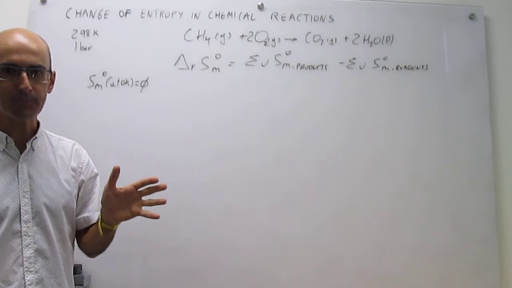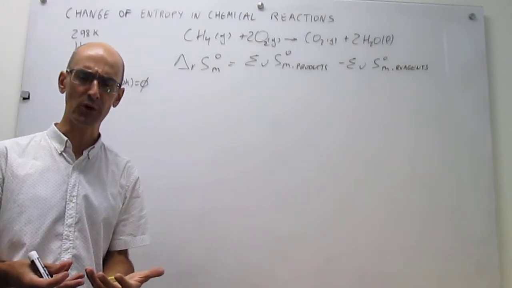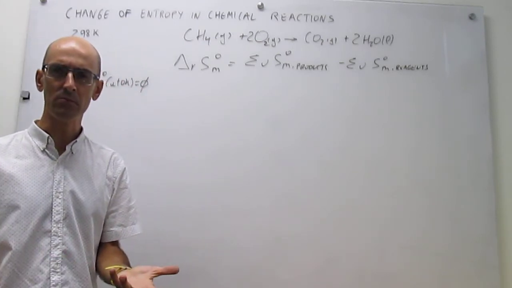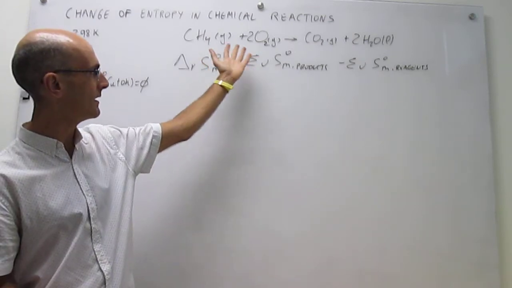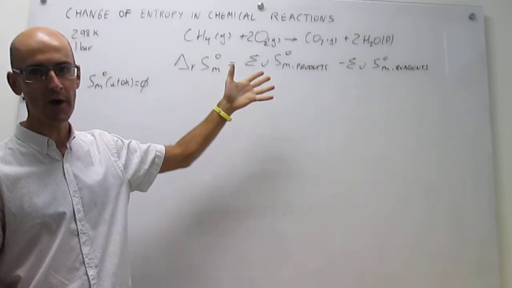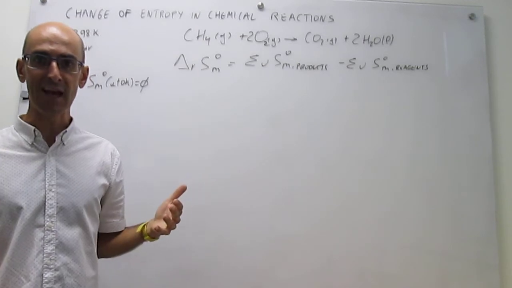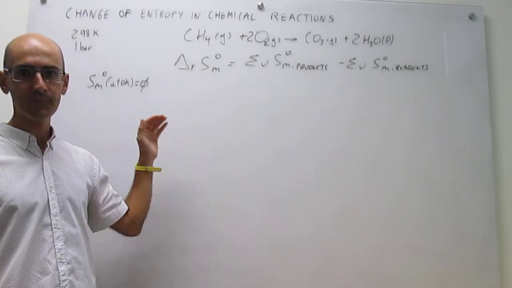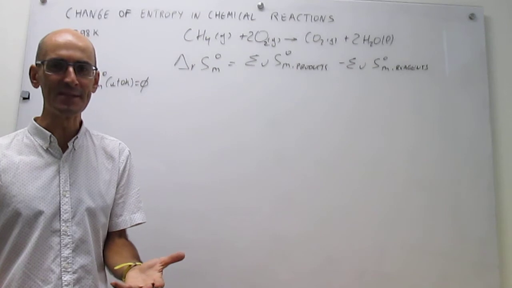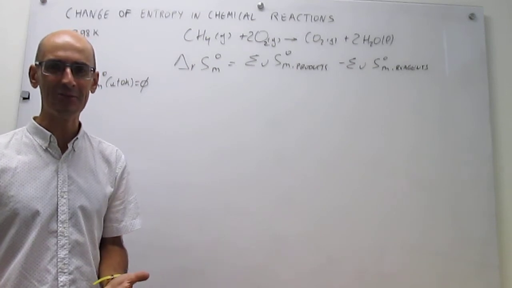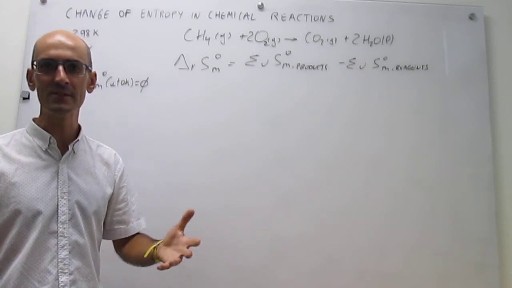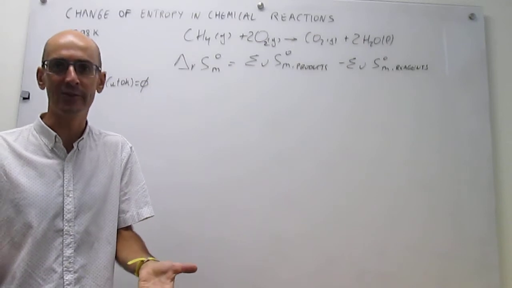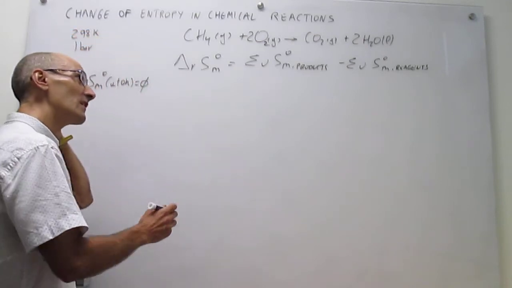Okay, so to see how this works out, we can take any of these reagents or product species to see how we go from the third law to actual useful entropies that we can utilize to calculate changes in entropy in reactions at temperatures that are of interest, like 298 Kelvin.